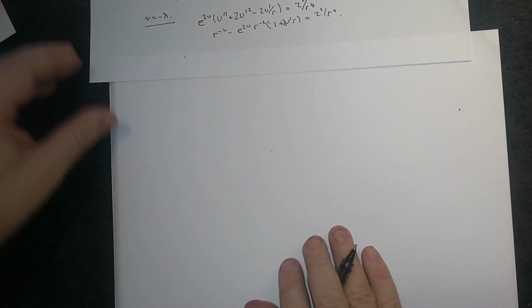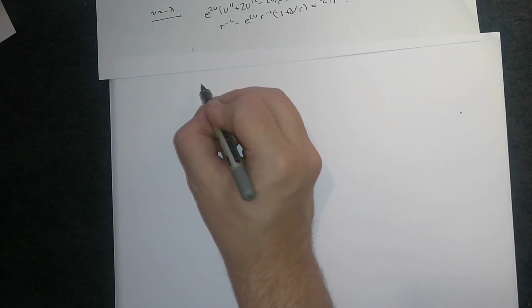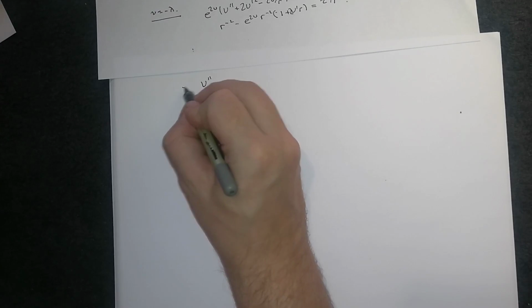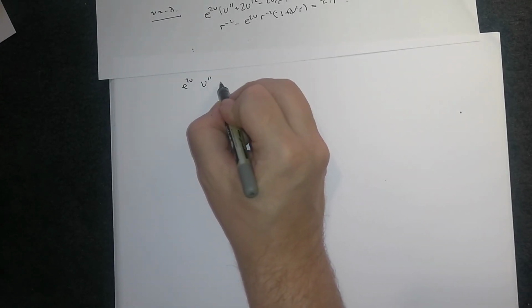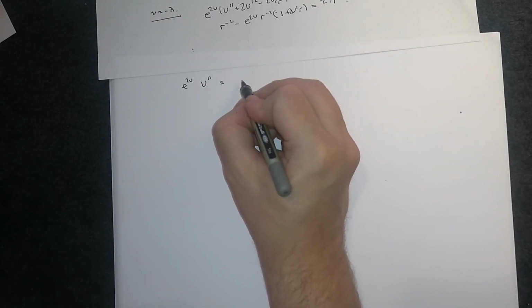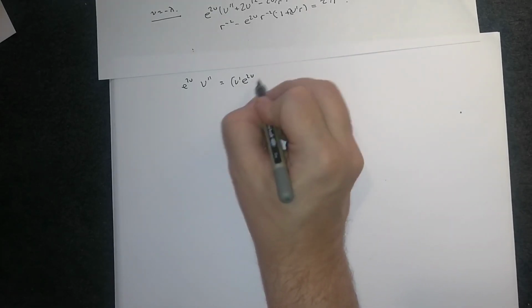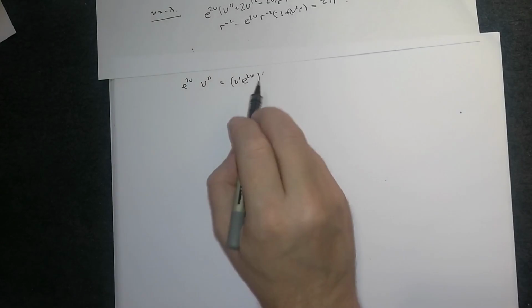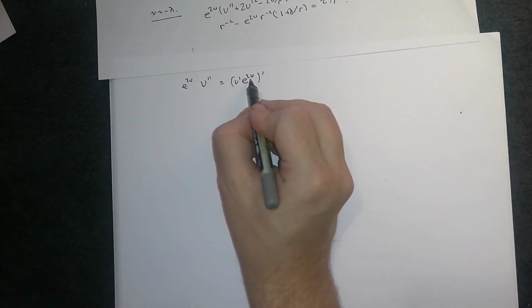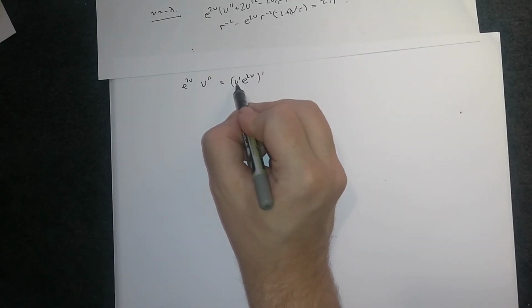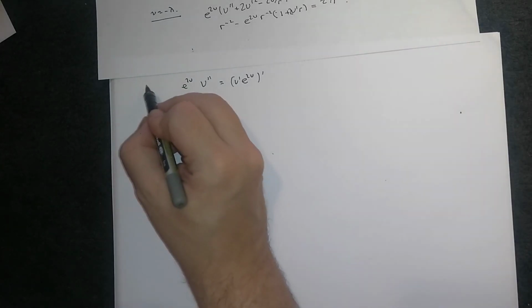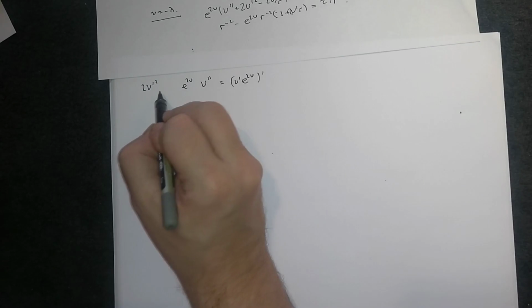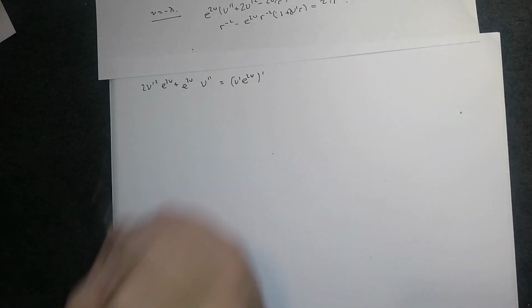Right, let's solve this equation. So nu double prime times e to the 2 nu looks like e to the 2 nu times nu prime, all primed. If I work that out, I end up with nu double prime, but I also end up with 2 nu prime squared e to the 2 nu.